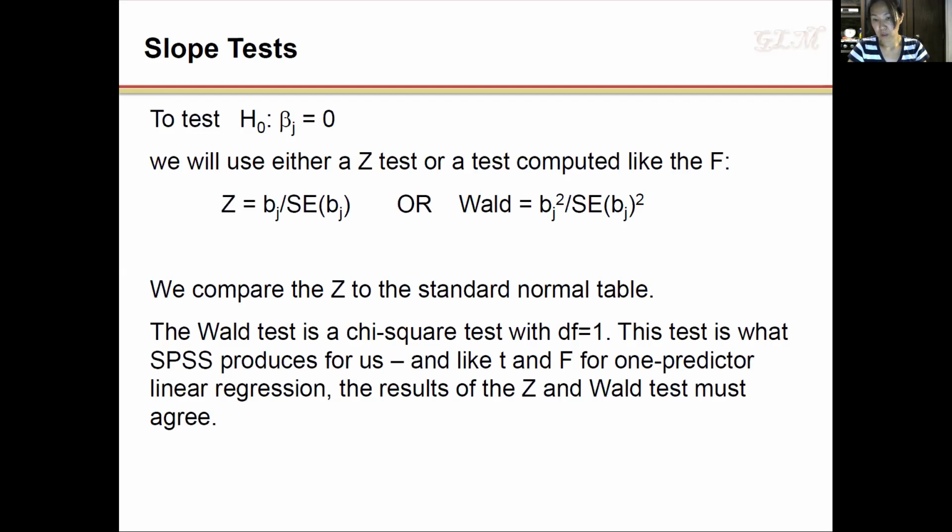But if your B is small, then the Wald test value becomes small, and you will be less likely to reject the null hypothesis, right? How about the denominator? If the denominator, the standard error, is large, the entire value becomes small, so you are less likely to reject the null hypothesis.